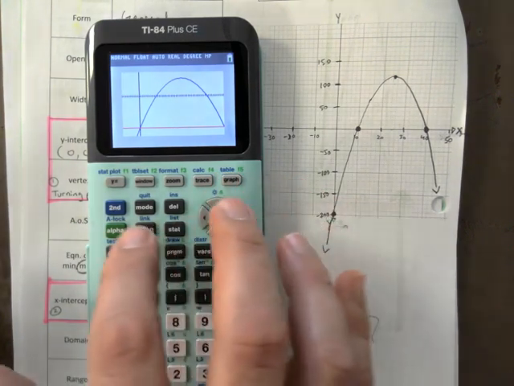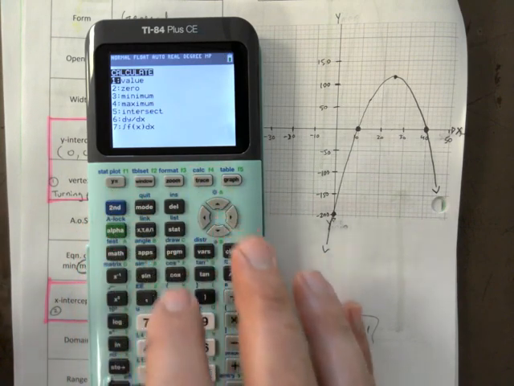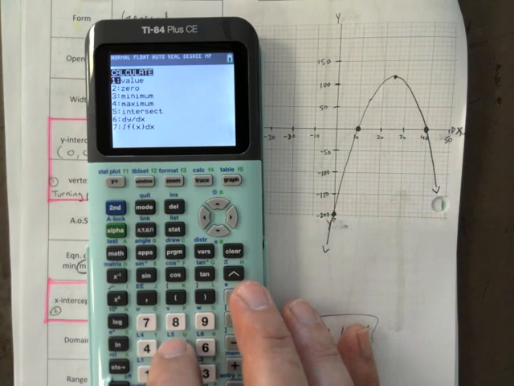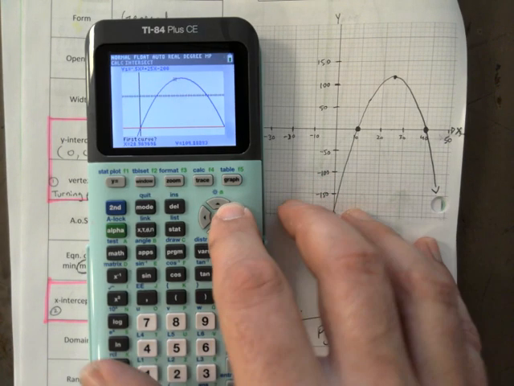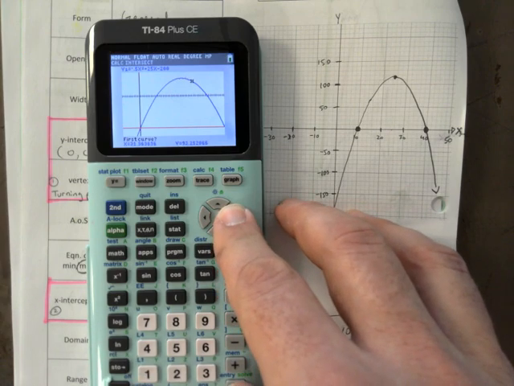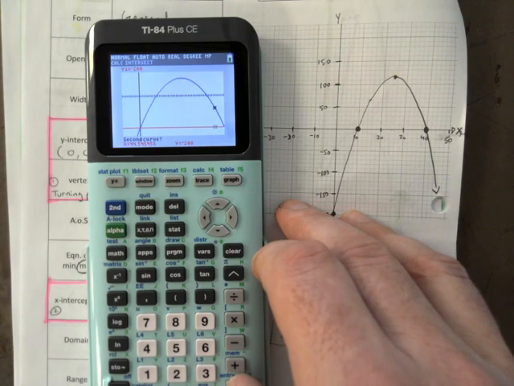And now you can do second trace, 5. Again, second trace intersect. And you can actually find the intersection. Just go over closer to this intersection on the right side and hit enter 3 times. Enter, enter, enter.